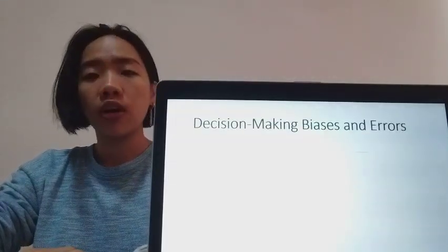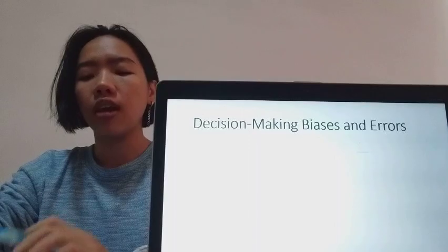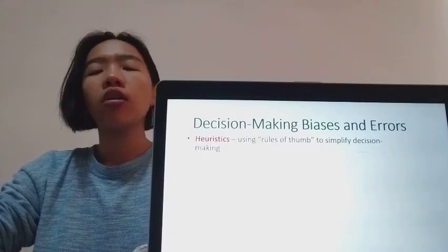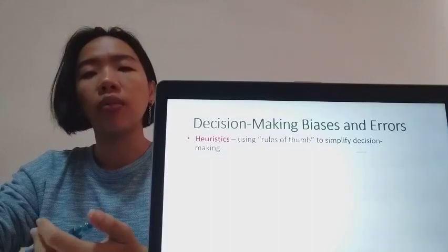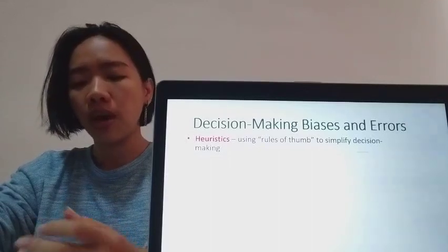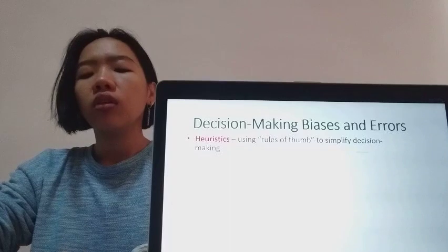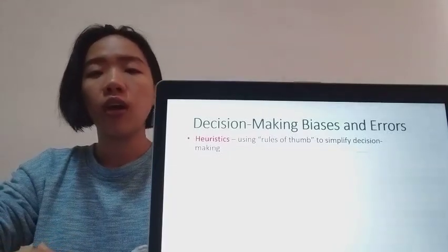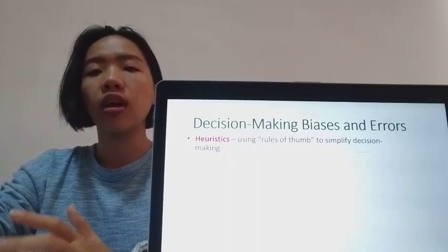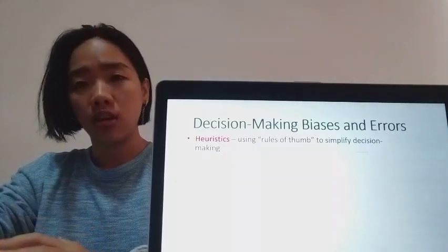The next part is decision-making bias and errors. Heuristics, or rules of thumb, are ways a manager simplifies a problem. Because the manager simplifies the problem, it may cause bias and errors.